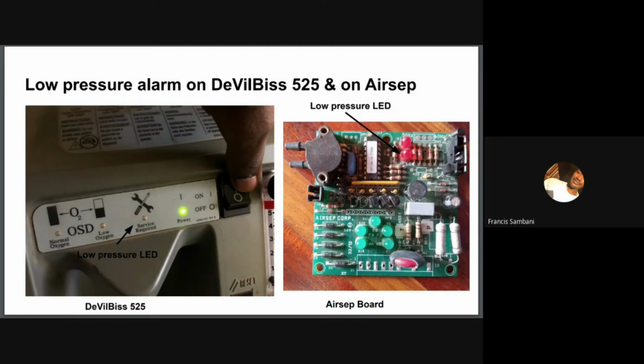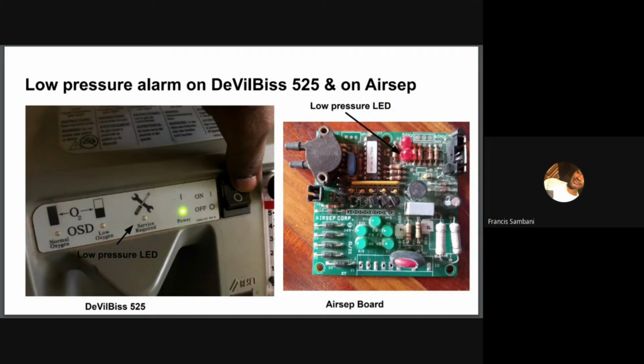So that's for the 525. And for the 1025, this alarm is referred to as the pressure failure alarm, and it turns on within 30 minutes if the sieve beds are not receiving the desirable pressure. So the service required alarm gets activated as well as the beeping sound.